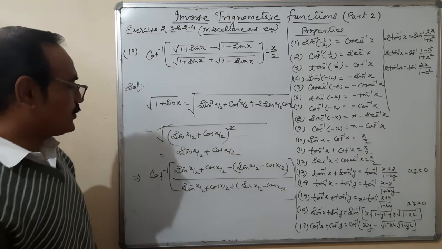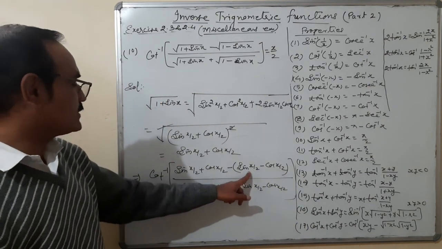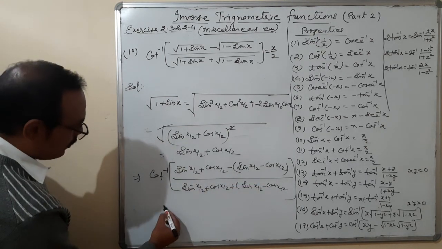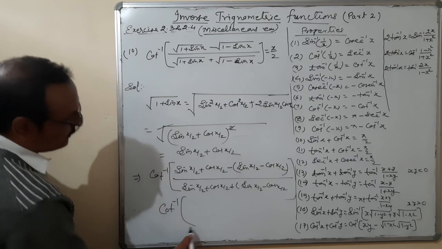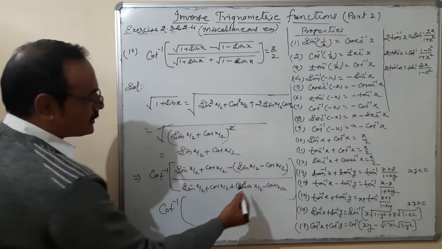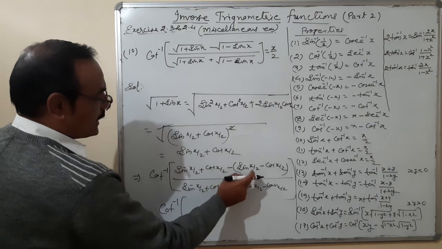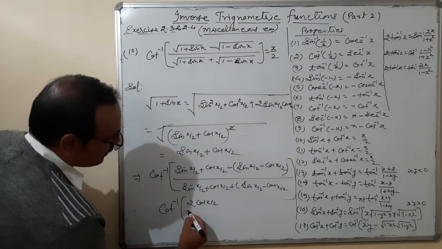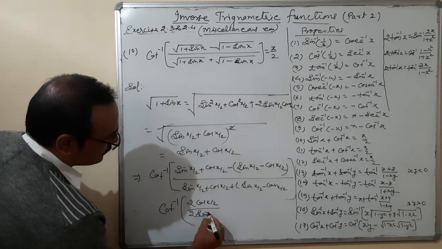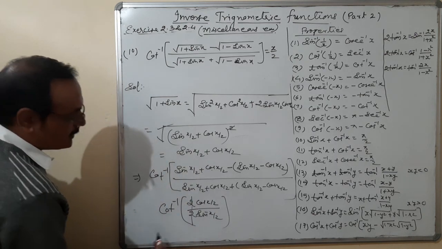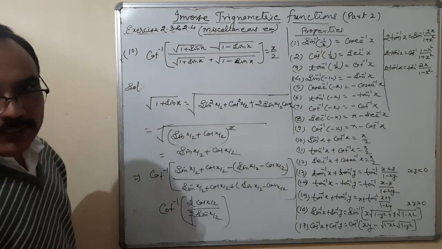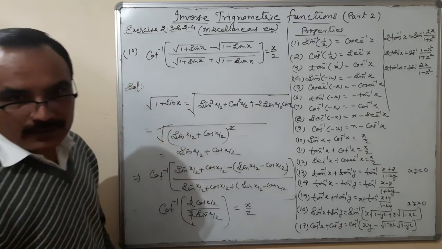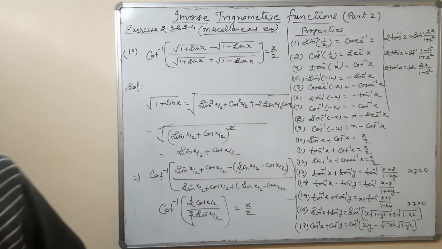Now sin x by 2 minus sin x by 2 cancel, and cos x by 2, cos x by 2 cancel. Cot inverse, what is coming here? 2 cos x by 2, sin and sin cancel, minus minus plus, 2 cos x by 2 upon 2 sin x by 2. So friends, 2 cancel, cos x by 2 upon sin x by 2 is cot x by 2. Cot inverse cot x by 2, that is x by 2. This is also one of the interesting questions.